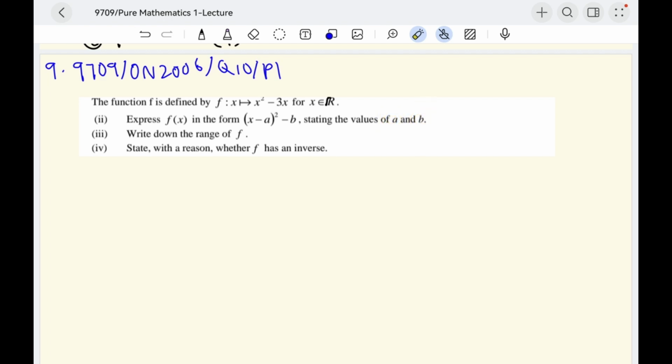So what are you going to do? This is basically completing the square. Given that f(x) equals x squared minus 3x, next you carry out the completing the square. I won't repeat how this is performed. It's basically b over 2.